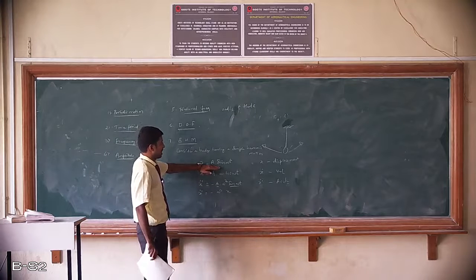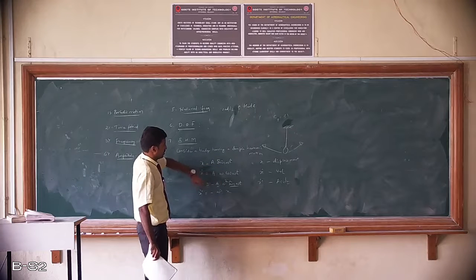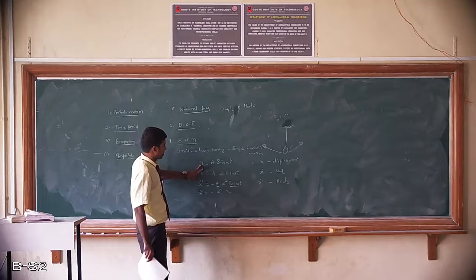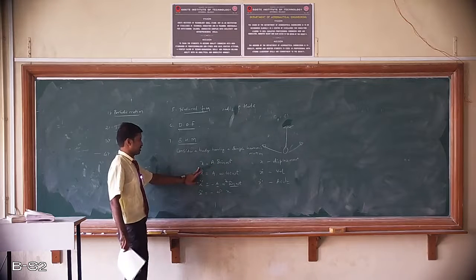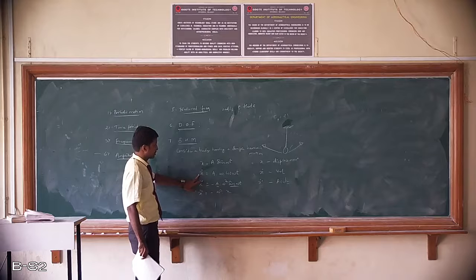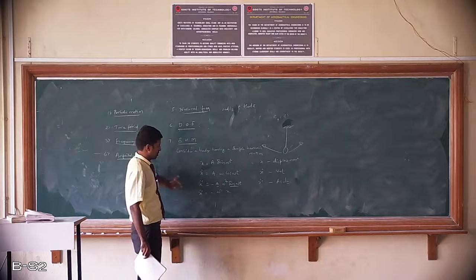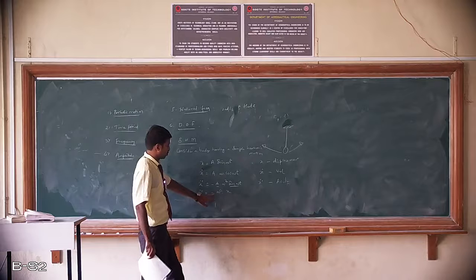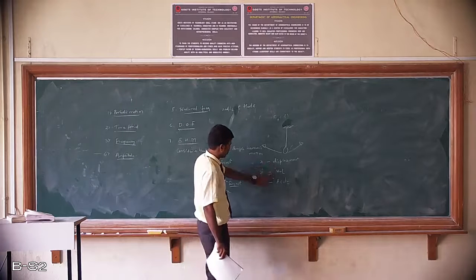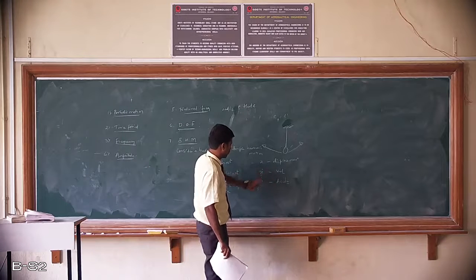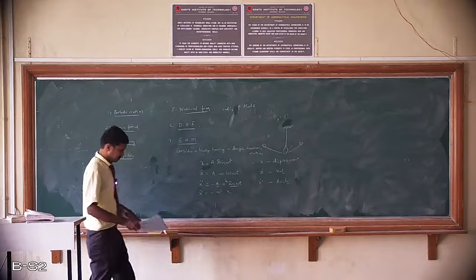For a body having simple harmonic motion, its displacement is represented by x is equal to a sine omega t. If I differentiate this displacement, I will get velocity, and if I differentiate velocity, I get acceleration. So the acceleration is given by x double dot is equal to minus omega square x, where x means displacement, x dot means velocity, and x double dot means acceleration.